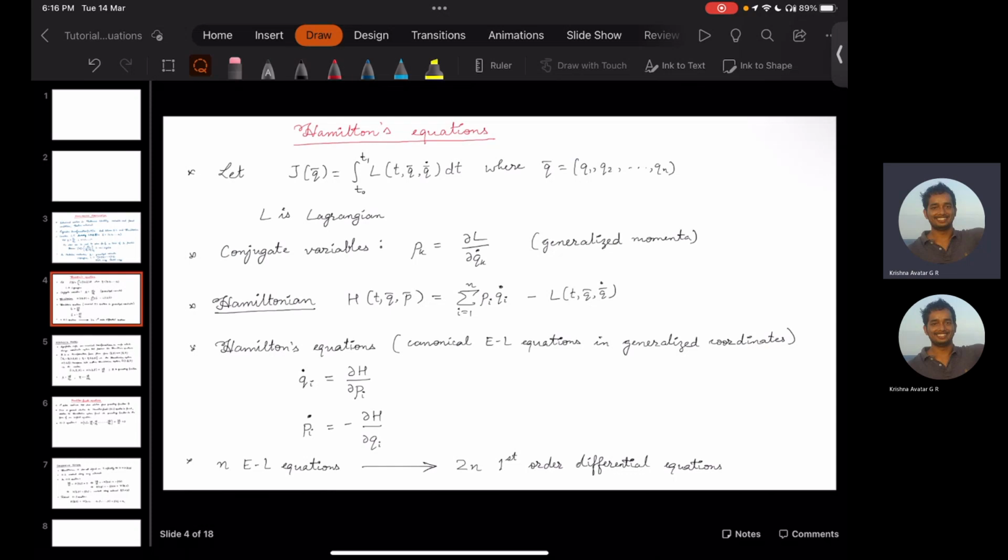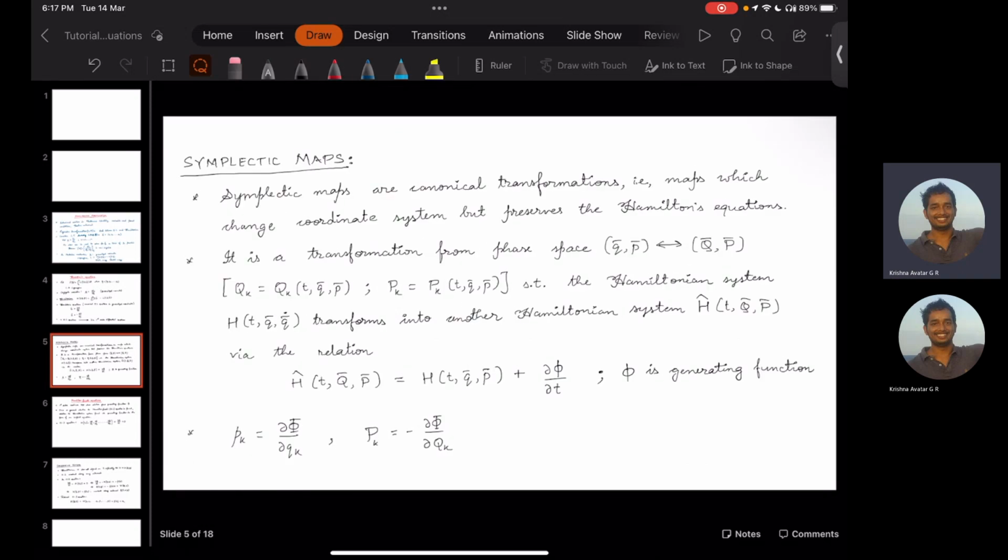Now in Hamilton's equations, we are able to convert n Euler-Lagrange equations into 2n first order ordinary differential equations. Okay.